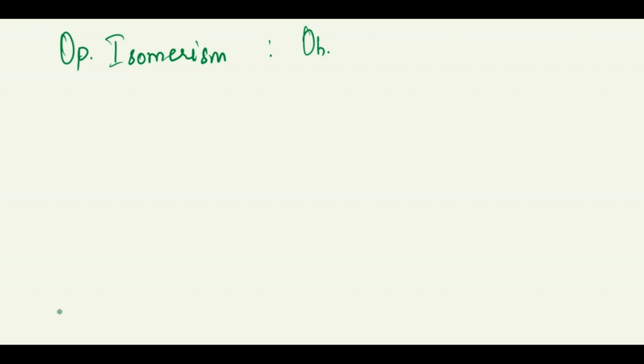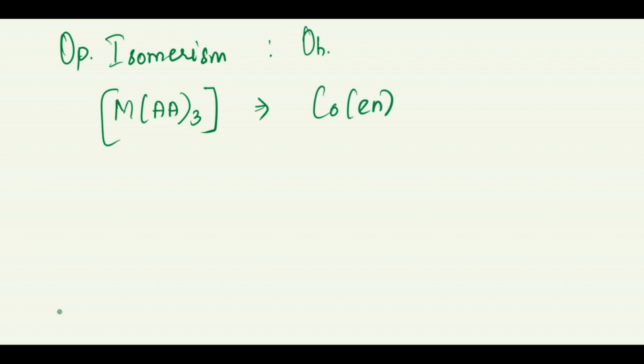Okay, so for example, MAA3. For that, you can take cobalt with en thrice, 3 plus. It is an octahedral complex which exhibits optical isomerism.